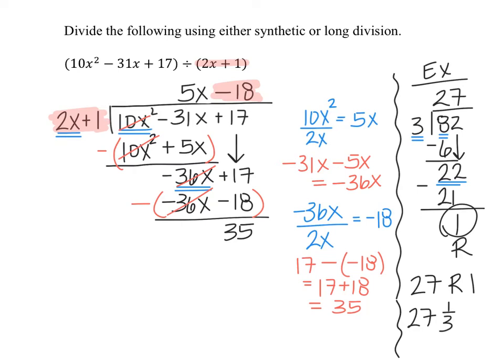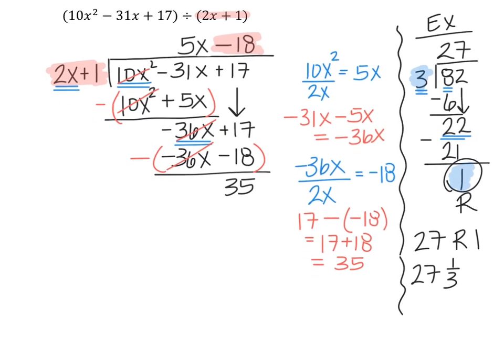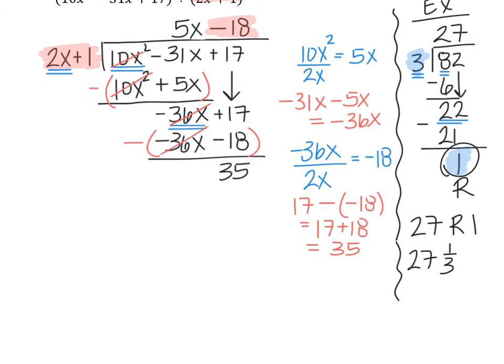And remember, where we're getting that 1/3, we're taking that remainder divided by the divisor. So when you look at the format of your answer, when we say 27 and 1/3, we really mean 27 plus 1/3, although we don't ever write it that way. We always just use the word and.